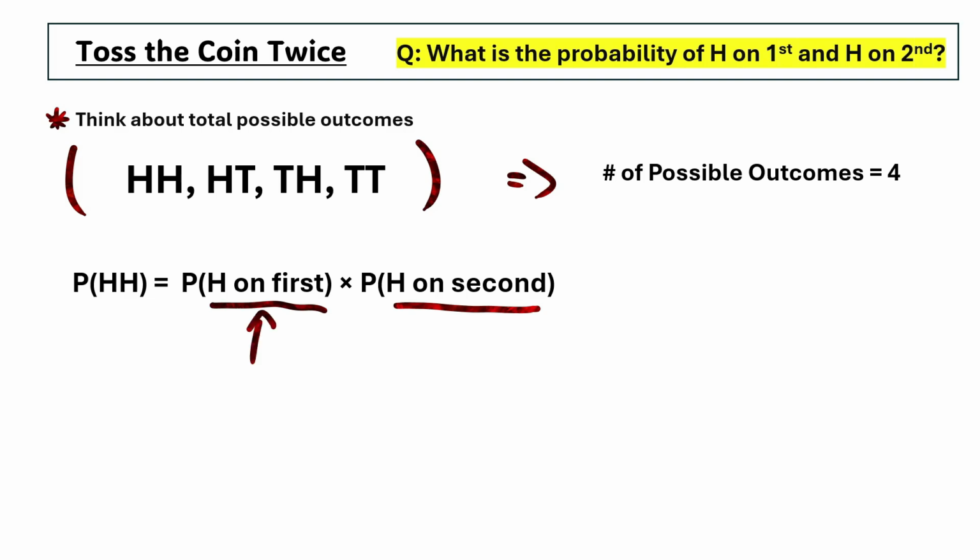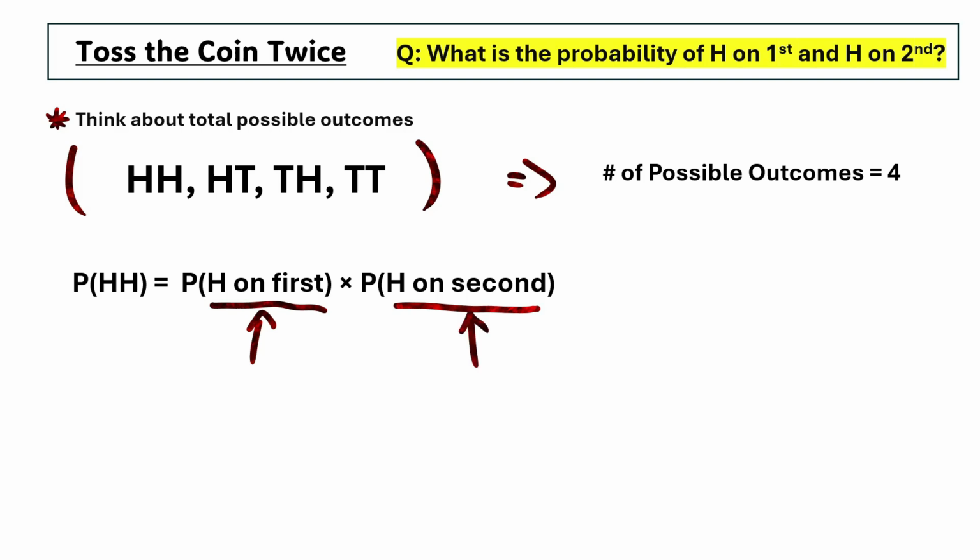And when you're calculating the probabilities of the individual events, for instance, the probability of getting heads on the first toss, you can simply focus on that event all by itself. In other words, you can calculate the probability as if you're tossing the coin only once. So the probability of getting heads on the first toss is simply going to equal 1/2. And it's the same story for the other individual event.